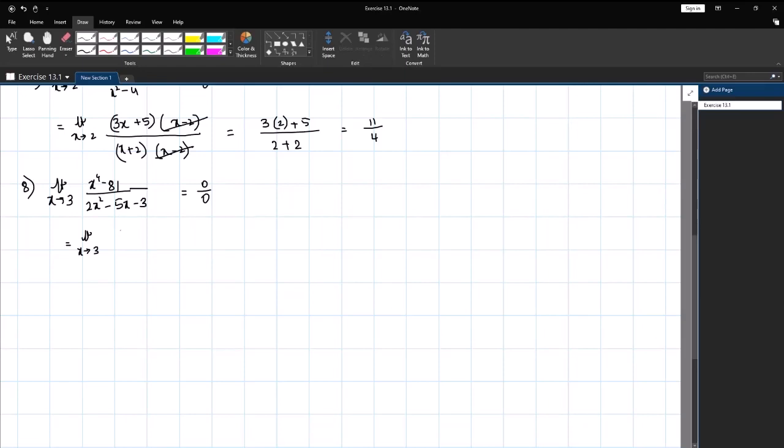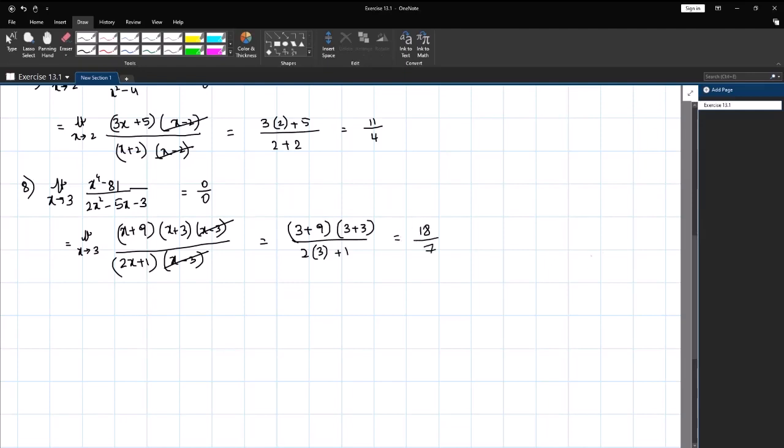So if we factorize the numerator, we'll have x square plus 9 into x plus 3 into x minus 3 whole divided by 2x plus 1 into x minus 3. X minus 3 gets cancelled. If we substitute the value for x, we'll have 3 square plus 9 into 3 plus 3 divided by 2 into 3 plus 1, which is nothing but 108 divided by 7.